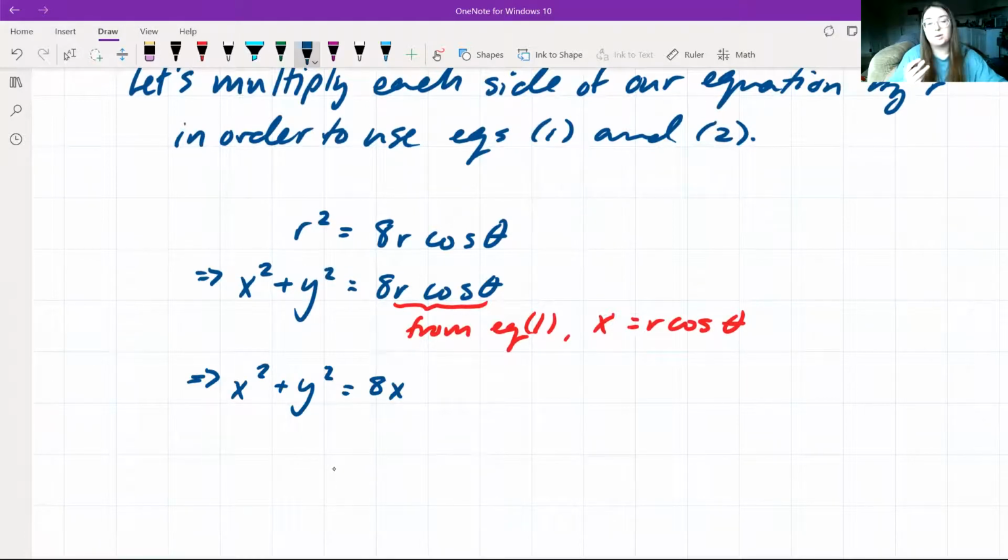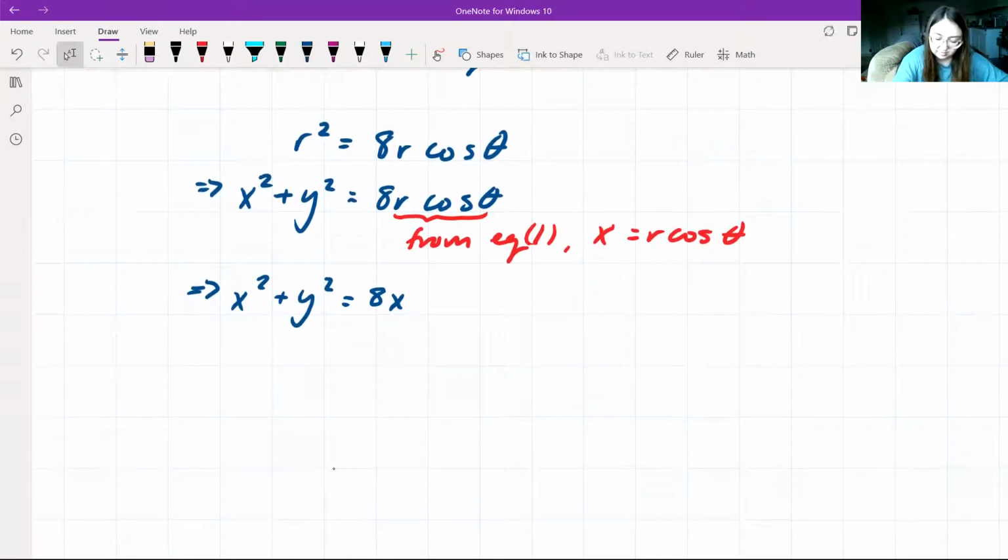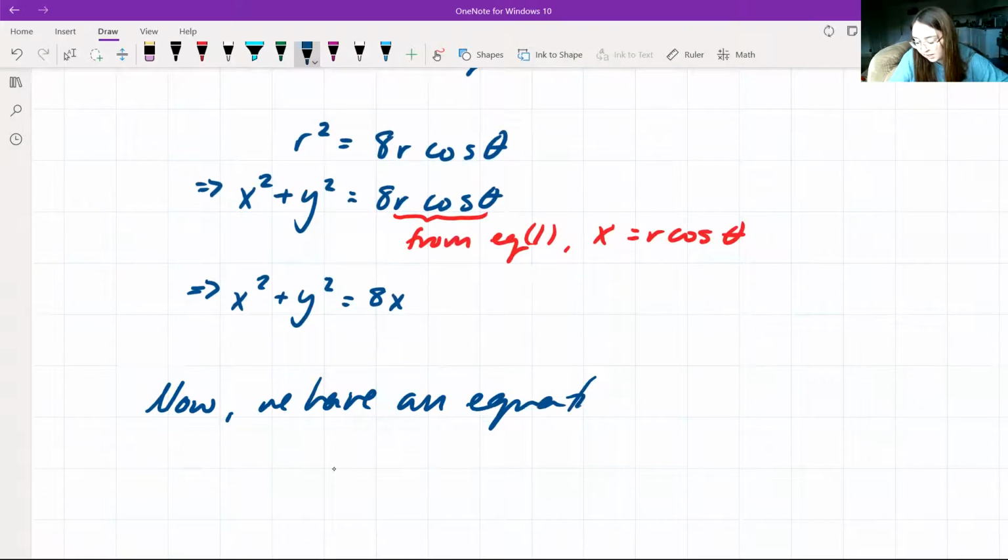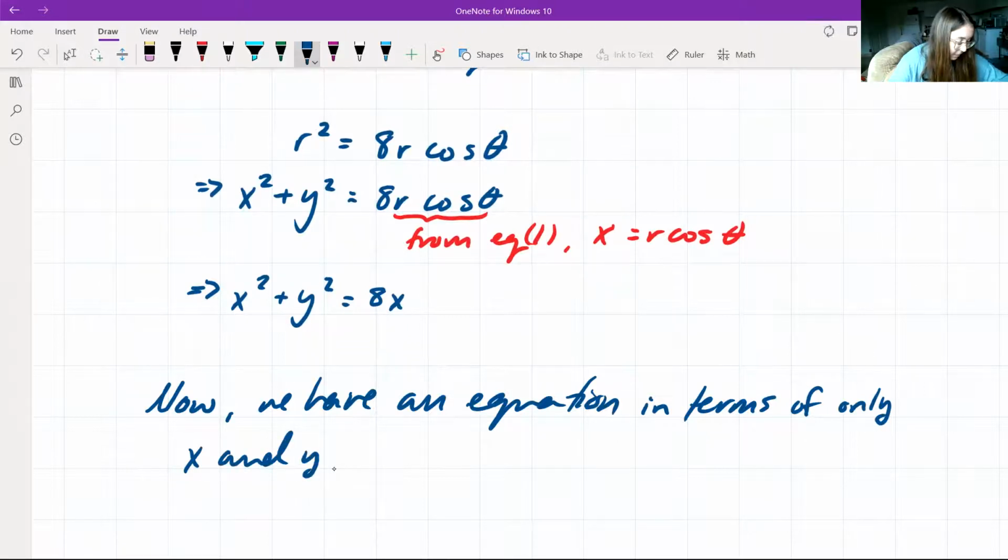So now we've taken this equation which had r's and thetas, and we've now rewritten it so that it's only in terms of x and y. So we have an equation in terms of only x and y. So we're in our rectangular form.